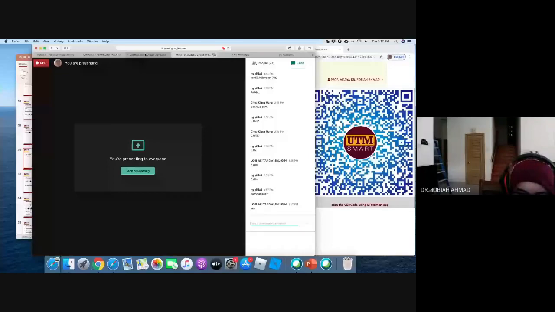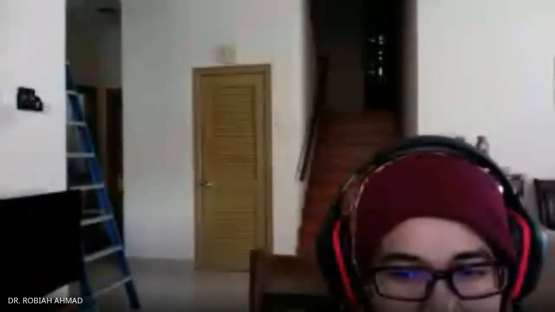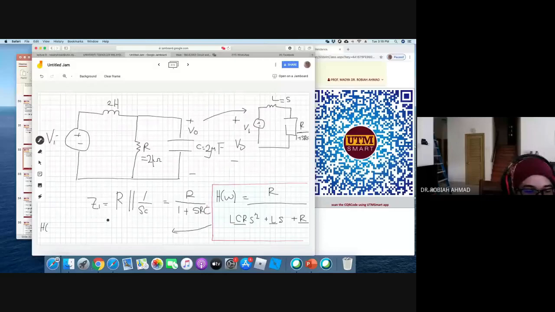So now convert it into omega, because we want to go back to the questions. Cutoff frequency. So we need the omega. When we convert S into omega, S square is J omega square.